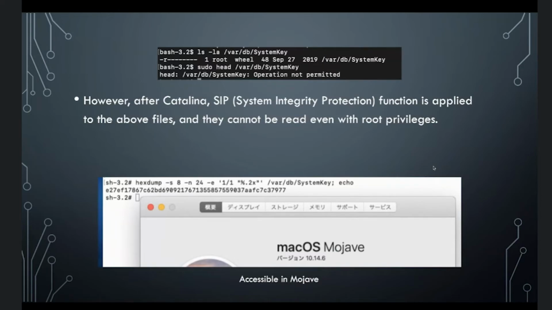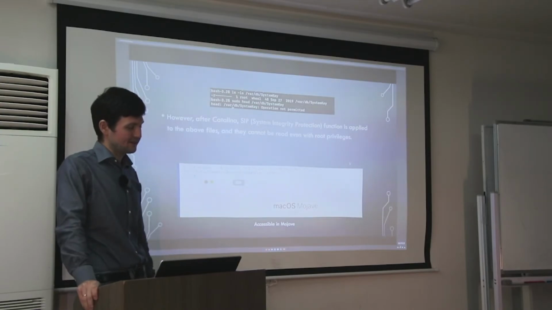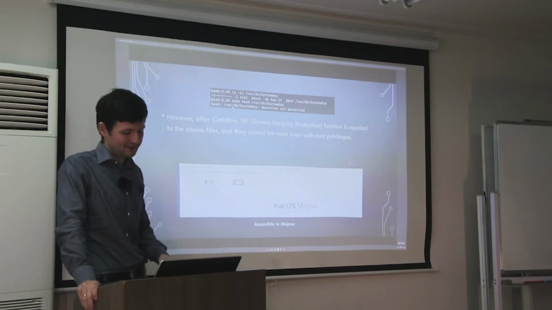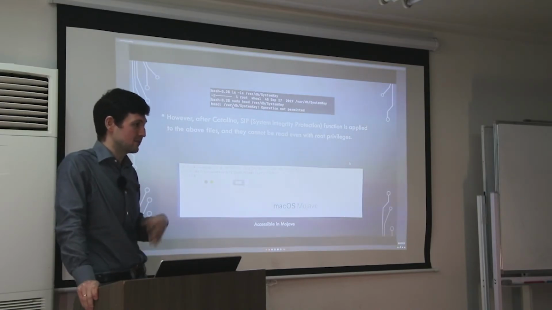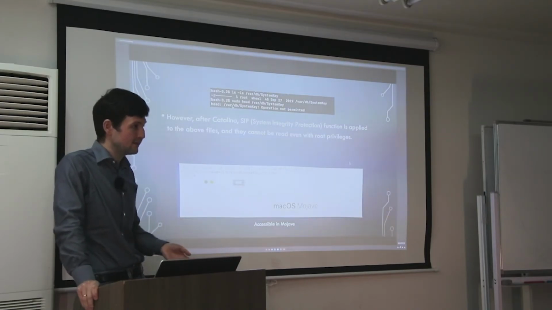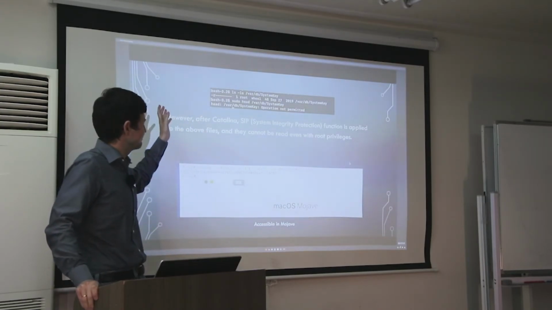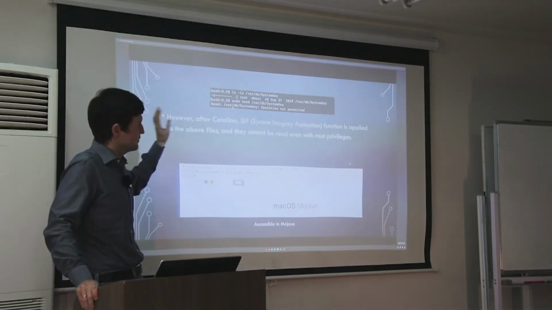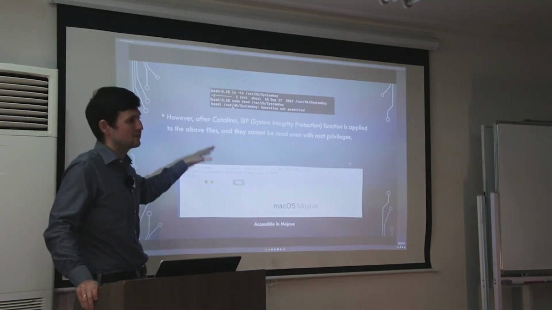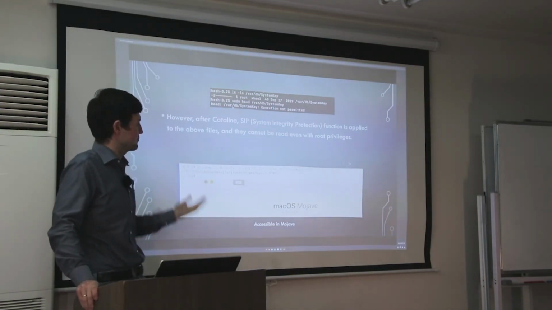Yes, because of SIP. SIP is System Integrity Protection. It's the Mac solution to prevent these types of access, deletions and other things. So when you have this flag on the file, you can't access it, even by root. It is a protection.